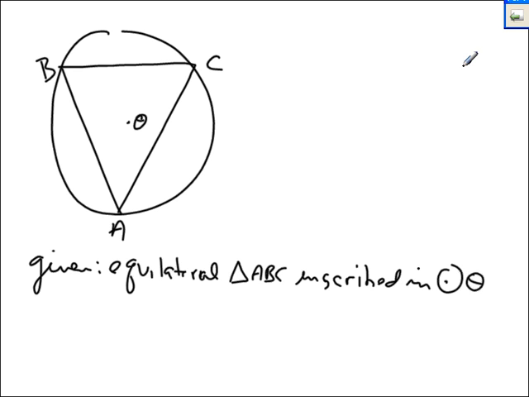And basically what you want to conclude is, you have a symmetrical circle, you have a symmetrical triangle inscribed in this circle.